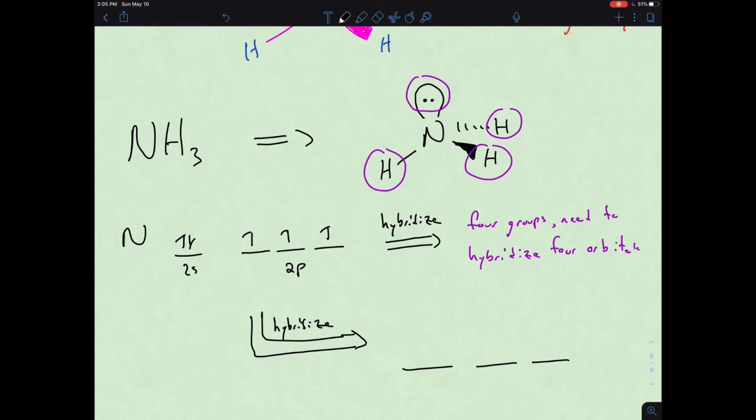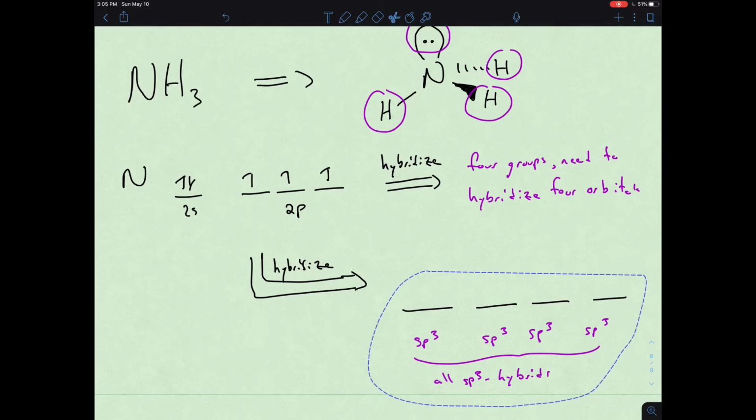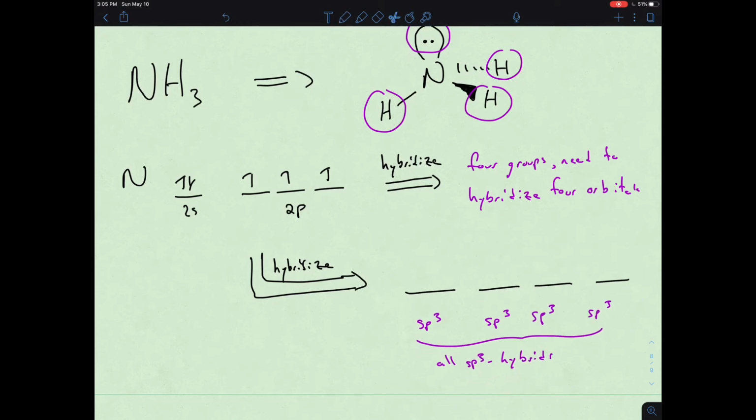And so here we have our sp3 hybrids. We're still hybridizing 4 of the orbitals that we actually have.